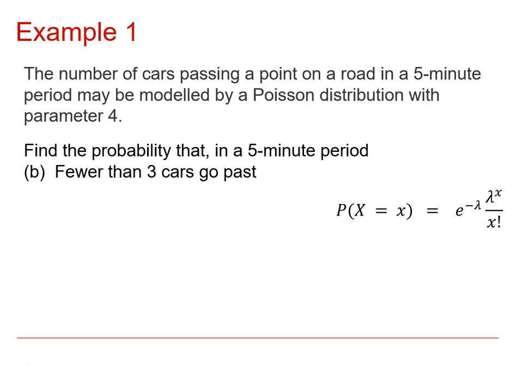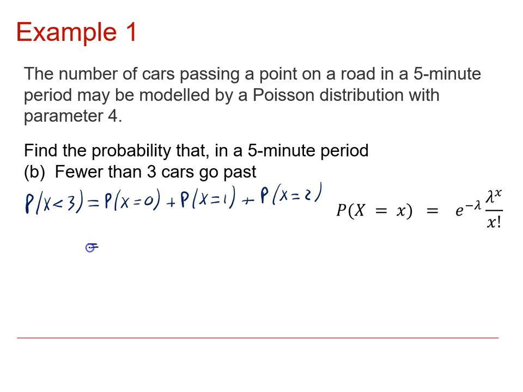We might similarly be asked to find the probability that fewer than 3 cars go past. So, the long way to do this would be to say the probability that x is less than 3 is equal to the probability that x is equal to 0 plus the probability that x is equal to 1 plus the probability that x is equal to 2. Those are all the possibilities for x where that's fewer than 3 cars.